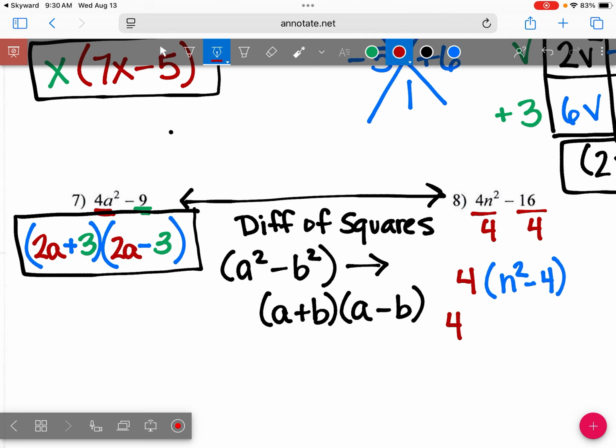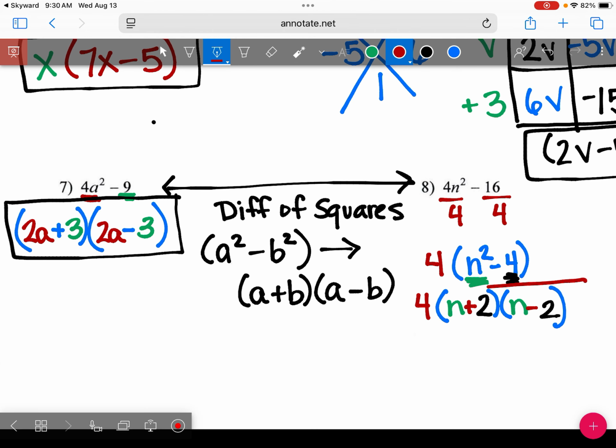All right, so now we're ready to break it down. The only thing I can multiply to get n squared is n times n. And the only thing that multiplies to be 4, that has to be the same number, is 2 and 2. And with this pattern, one has to be plus and one has to be minus. So we have 4 factors.